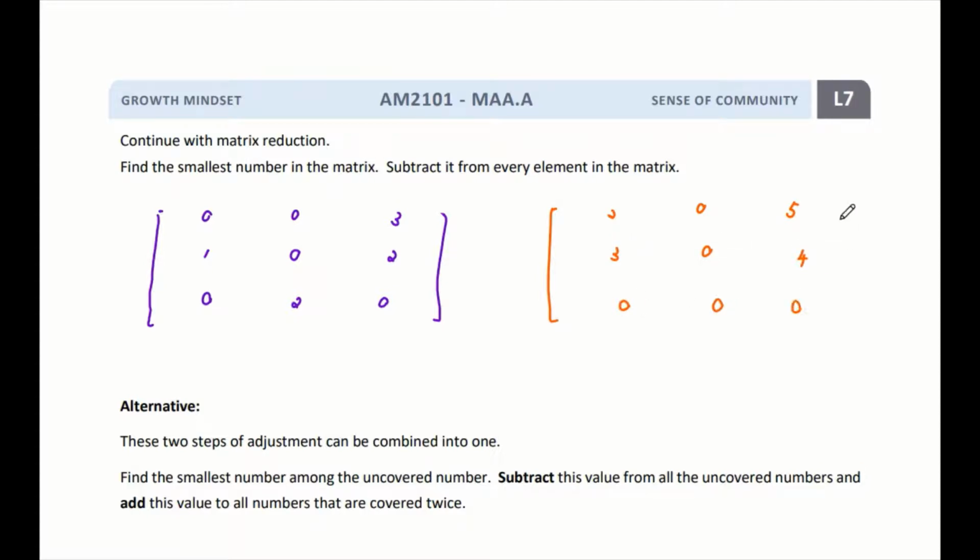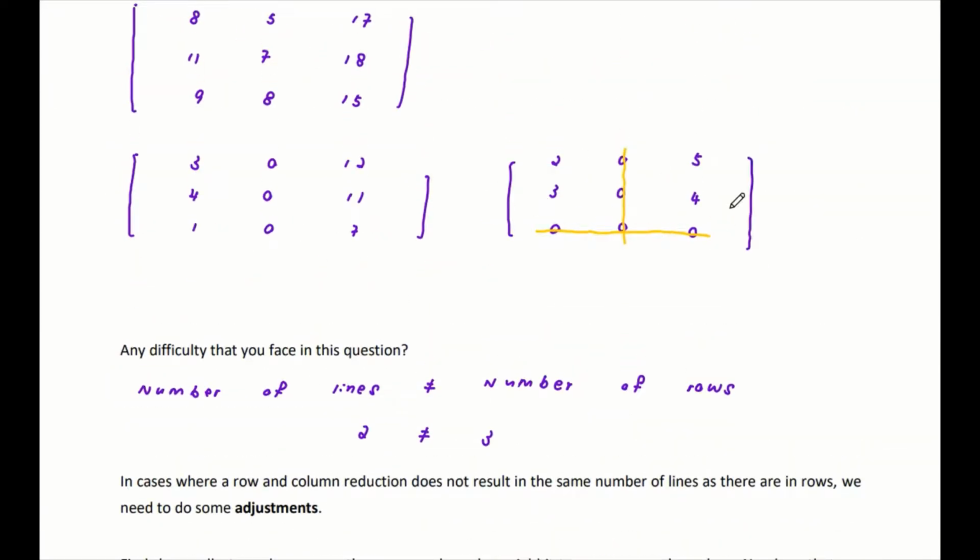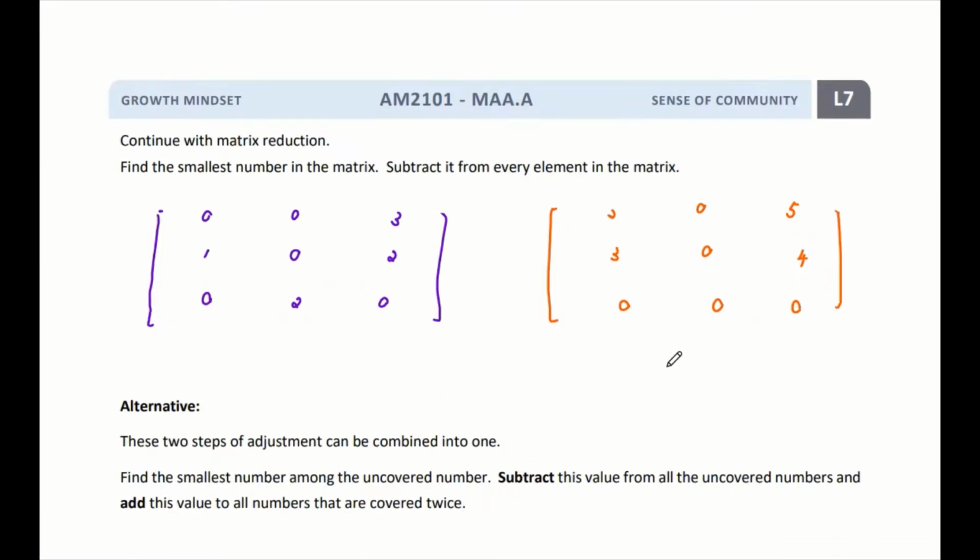This is the one before we do our adjustment. Now, is there any shortcut, any alternative, that we can combine the 2 steps that we did, so that we do not need to do it in 2 steps, but in 1 step?